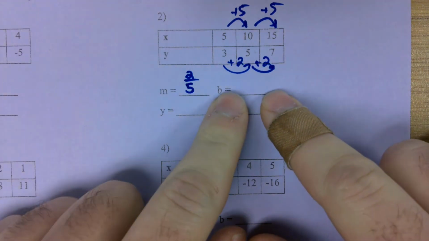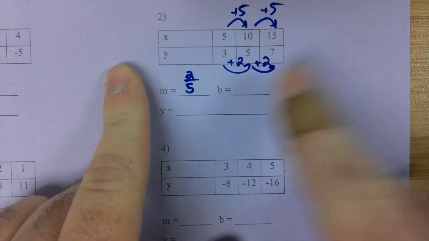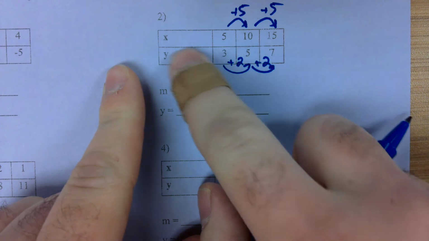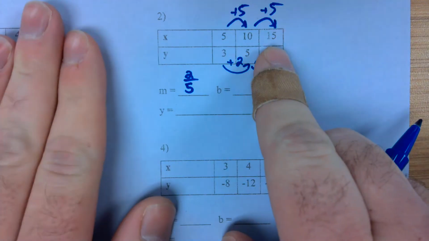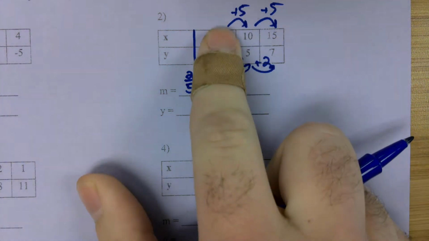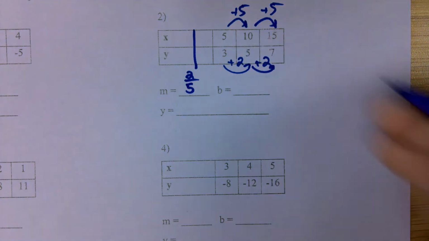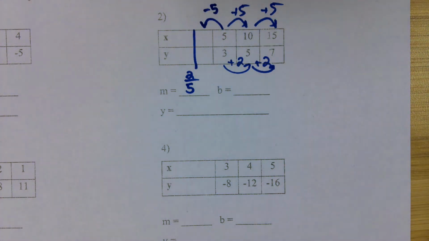And if we want to find our b value, should we expand this table to the left or to the right? To the left, right? We've got 5 down here, so 0 is what we're looking for. It's going to be to the left of 5. If we go to the right and we add 5, when we go to the left, we're going to subtract 5. We're just going to do the opposite.